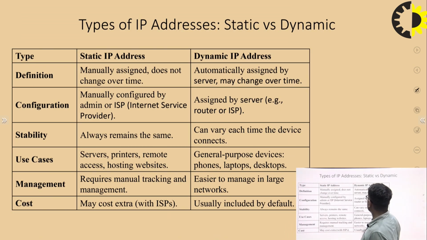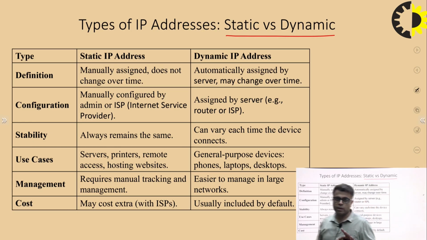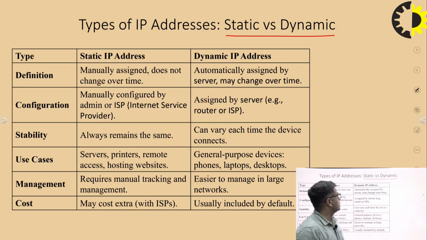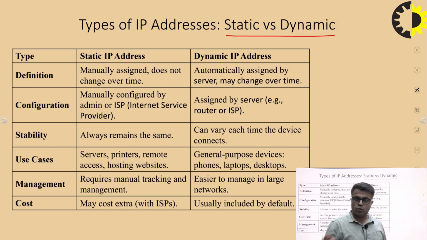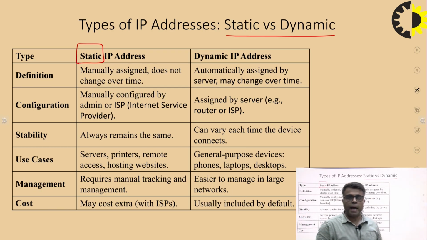So this, which I taught in the beginning, that when we open our laptop and check the properties of our internet connection, then we are provided with an option to choose the IP address automatically or enter it manually. So manually entering the IP address means it will be static and it will remain the same as long as you are on the network.